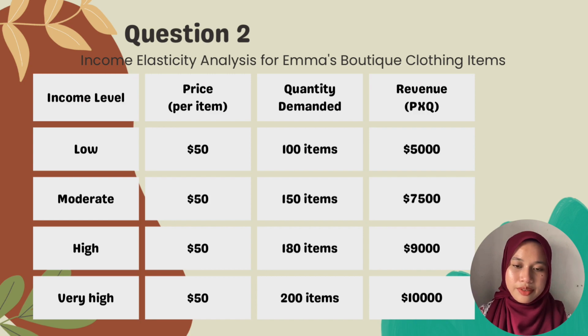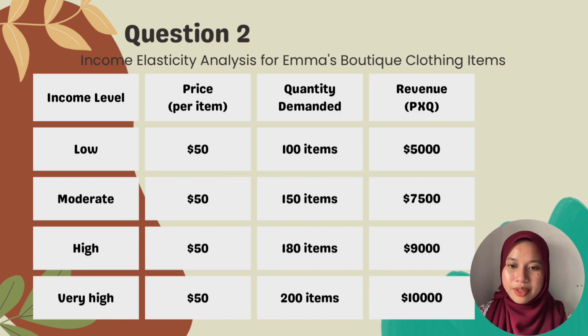Question 2 is about income elasticity analysis for Emma's boutique clothing item. There are income level, price per item, quantity demanded, and revenue, calculated by price times quantity. For low income level, the price is $50, quantity demanded 100 items, and revenue is $5,000. For moderate income level, the price per item is $50, quantity demanded 150 items, and revenue is $7,500.